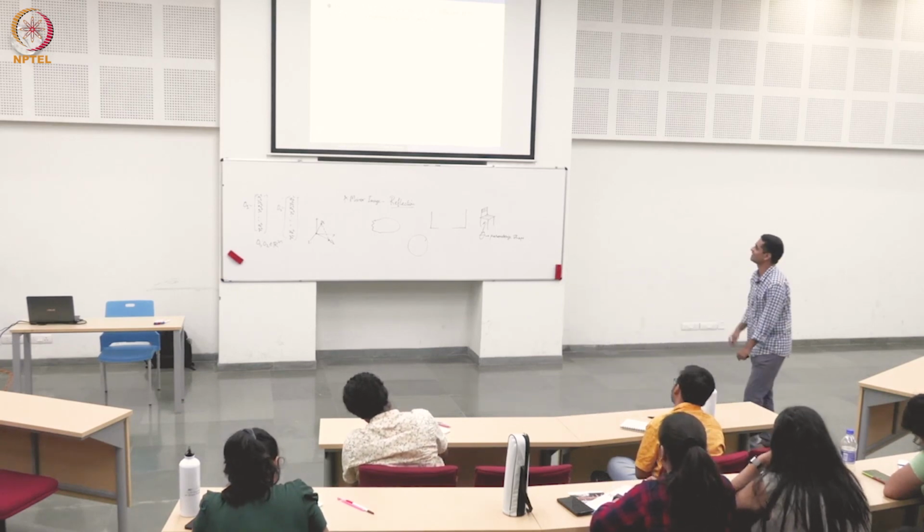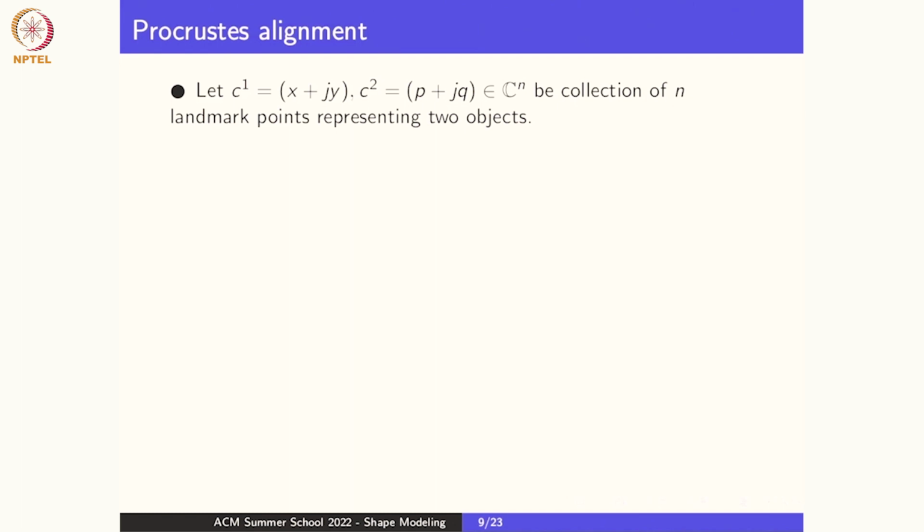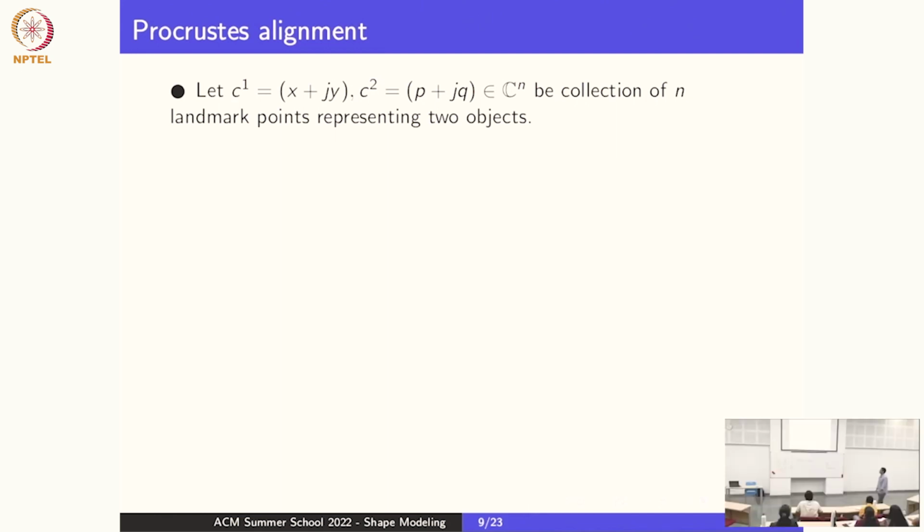Okay. Right. So I'm going to stick with complex number representations. So every landmark will be represented by one complex number. Collection of n landmarks. So if there is an object 1, I will represent all the n landmarks by the notation C1, and C2 denotes the landmarks using n complex numbers of the second object.